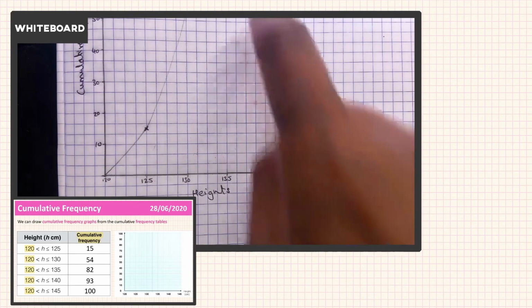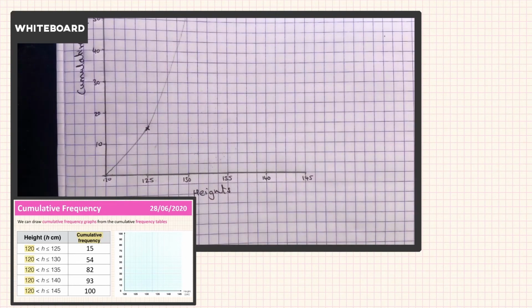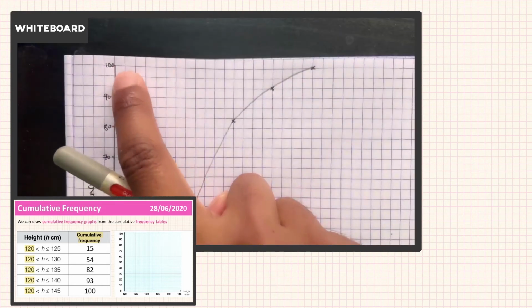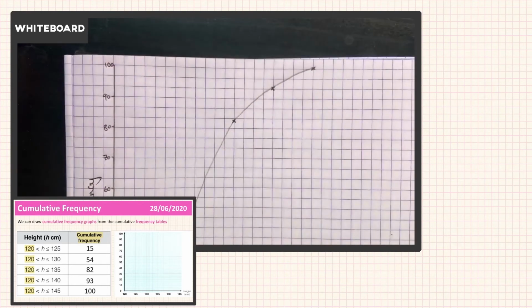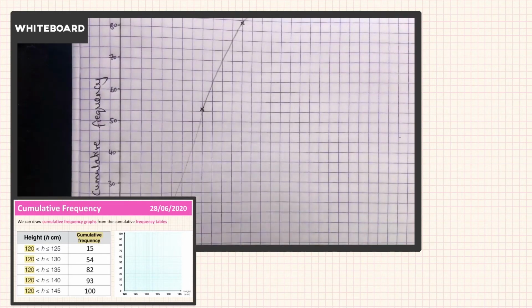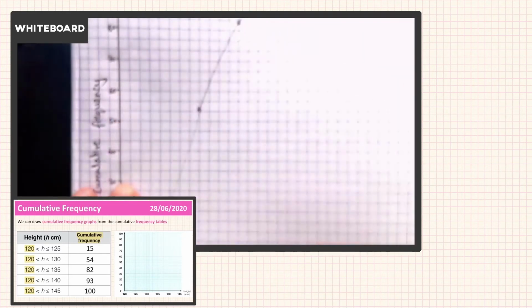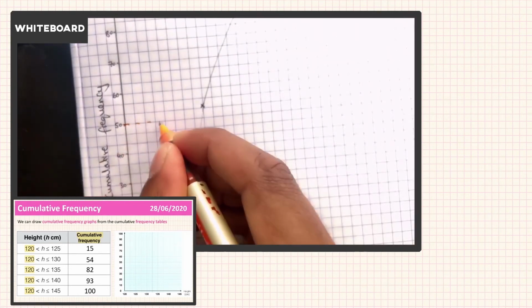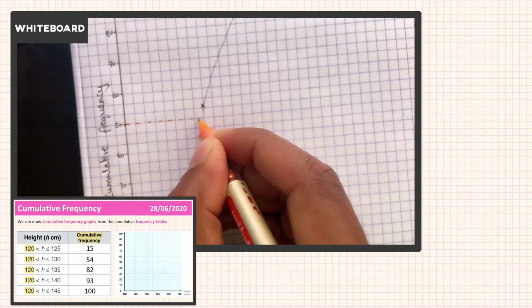So I could, from my cumulative frequency graph, find a median. Now the way I do that is I know that there are 100 people taking part in this. So my median would be the 50th person roughly. So I go to 50, there it is, and I just follow along from 50 until I hit my cumulative frequency graph. There it is.